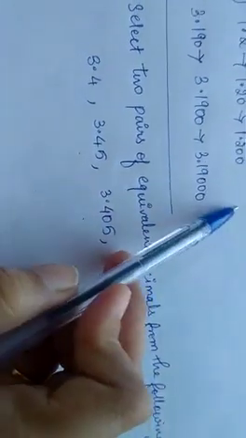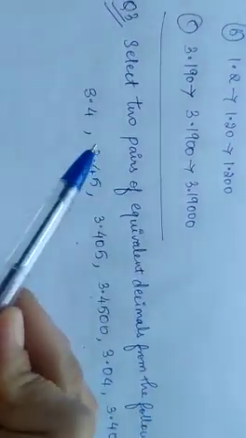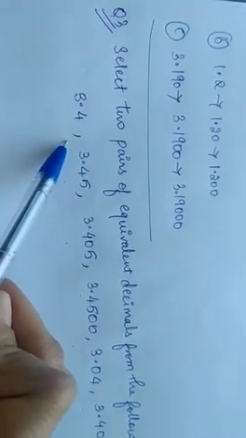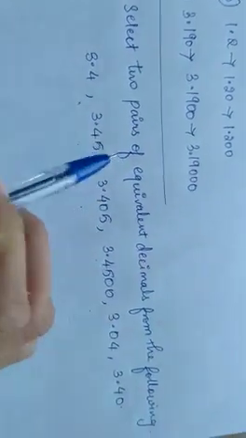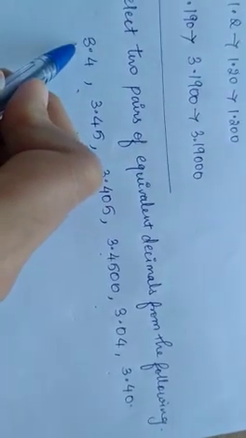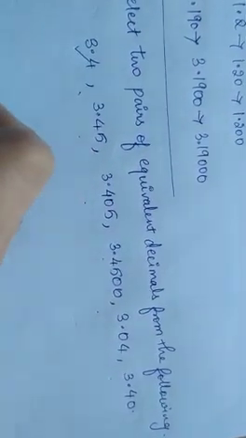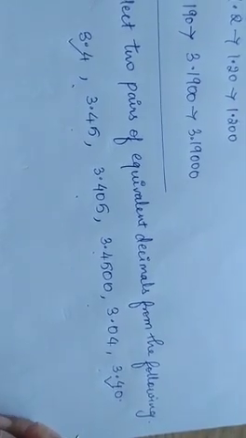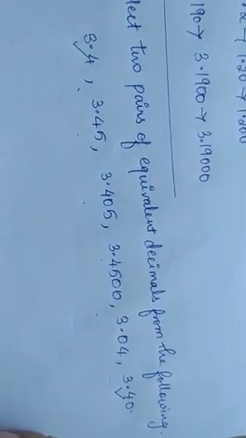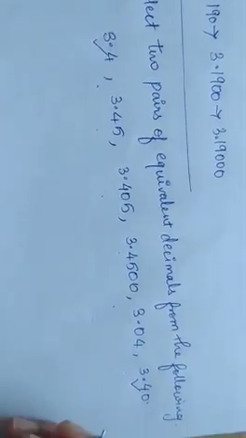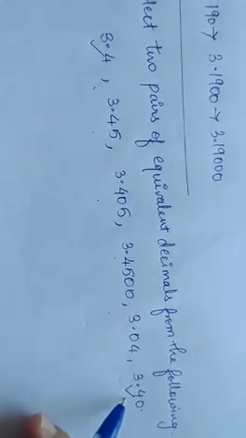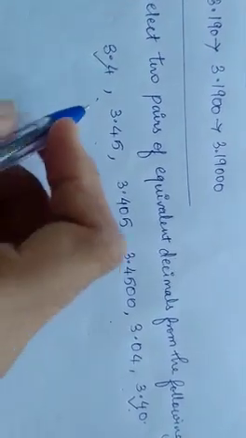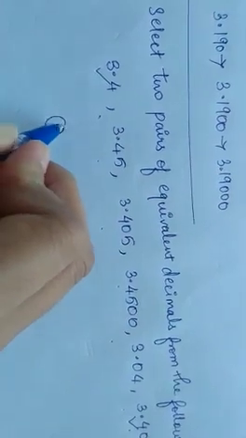Now in the previous question I have already explained to you all when decimals are equivalent. So here the number is 3.4 and here 3.40, as there is no value other than 0 after the decimal. So both of these are a pair.